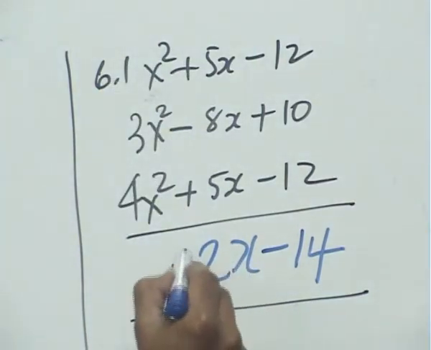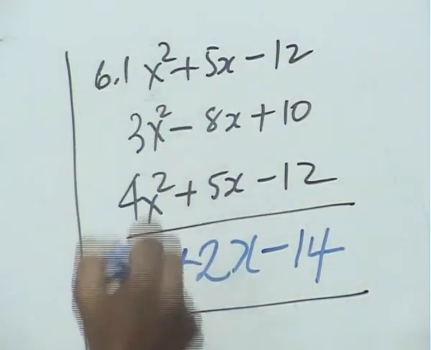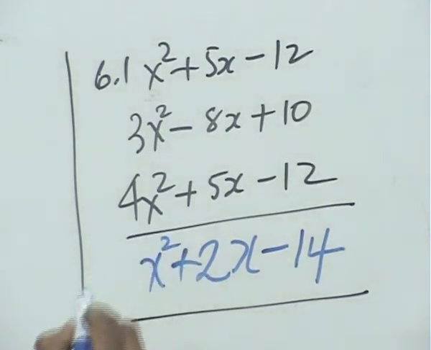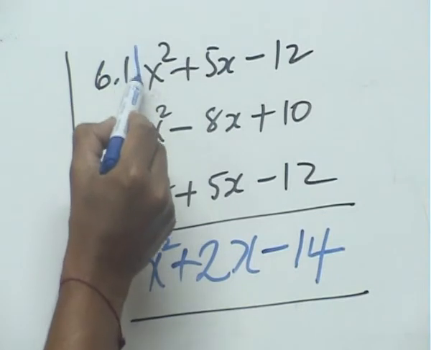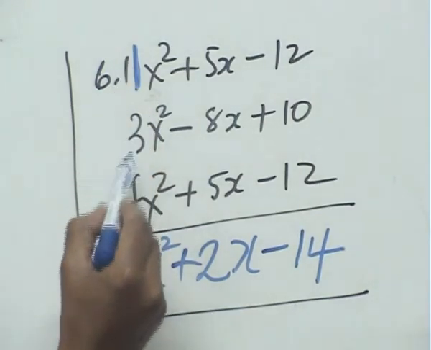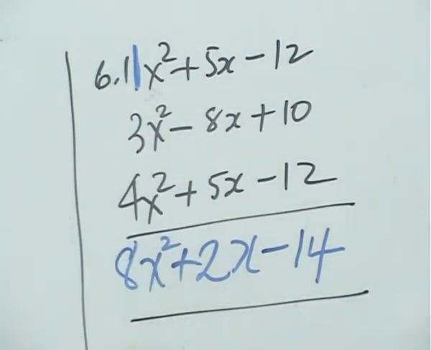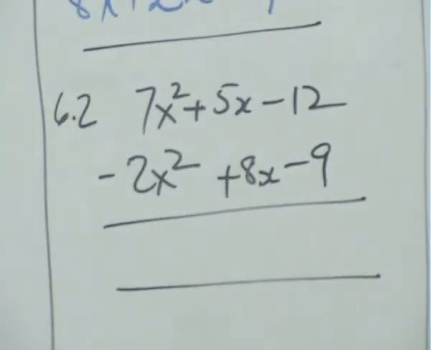This column, 2 means plus 2. This column is for x squared, there's your x squared. And you are adding. Now there's no number here, so it is understood to be 1. So 1 plus 3 is 4, 4 plus 4 is 8. So your answer for 6.1 is 8x squared plus 2x minus 14.